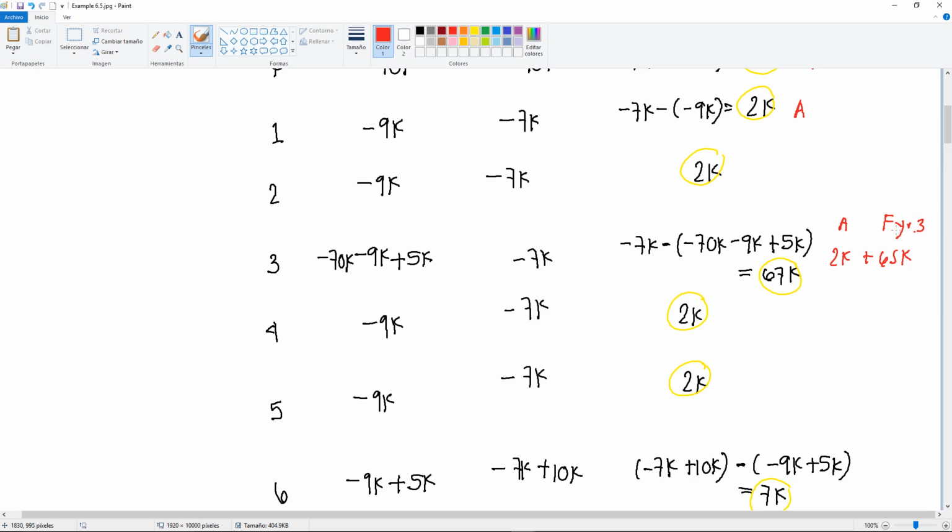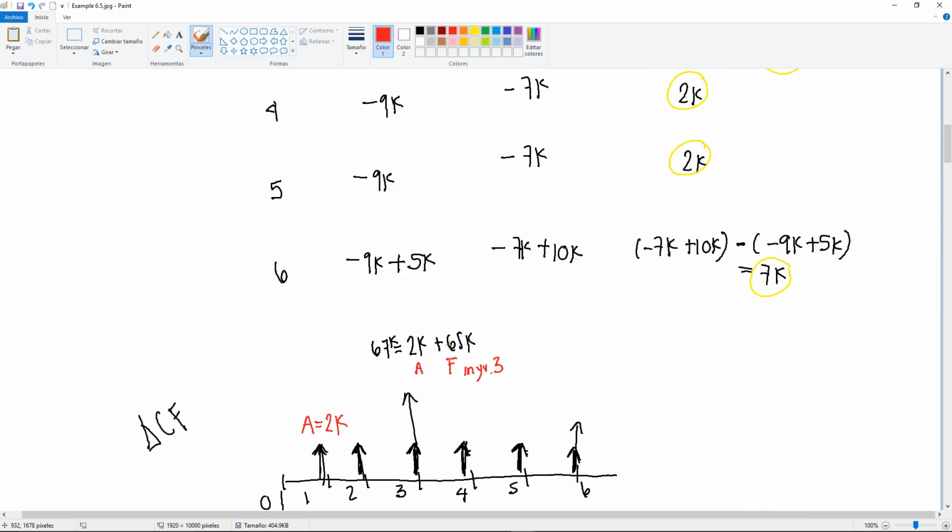And then the last one, we have this 7,000 right here. This 7,000 will be equal to the 2,000 that we took away for the A plus 5,000 more. So this is part of our A, and what do you think the 5,000 is going to be?